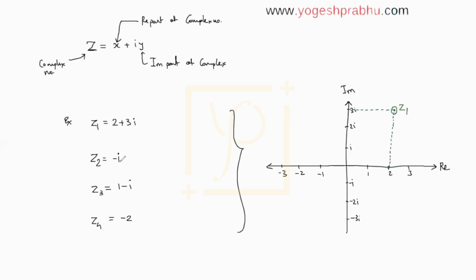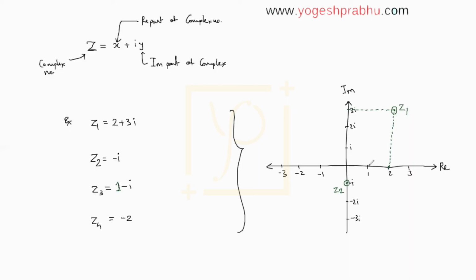Now for Z2, which is minus i, the number has only an imaginary part. There is no real part. And minus i, we can see over here. That's Z2, the second complex number. Now when I want Z3, the real part is 1 and the imaginary part is minus i, so it is 1 minus i.